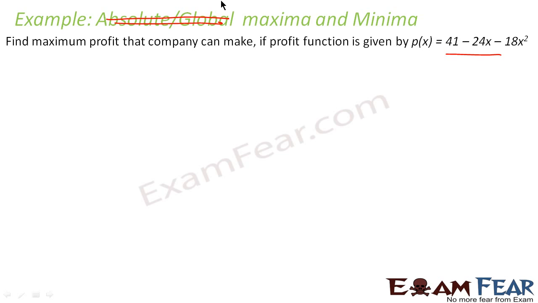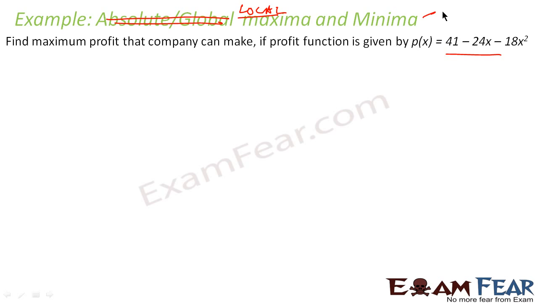So here we are not talking about absolute maximum. Here we are talking about local maximum, because it is an open interval. I intentionally took this because I wanted to clear this doubt: this is a local maximum question, not an absolute maximum question. Here I have to find the maximum profit.